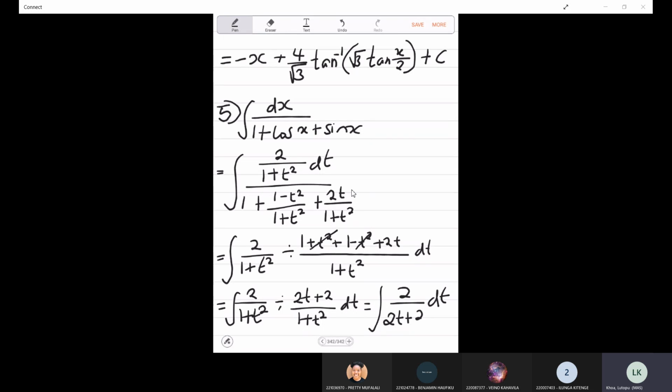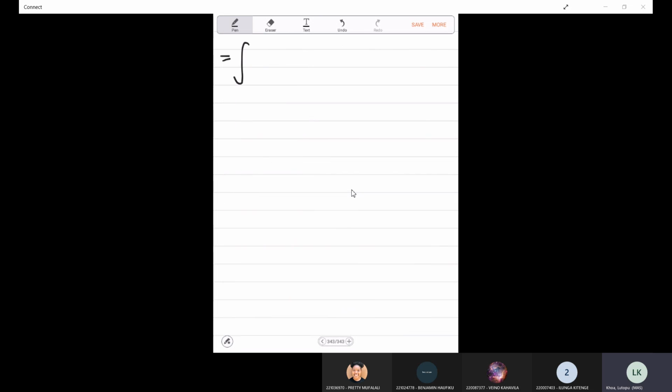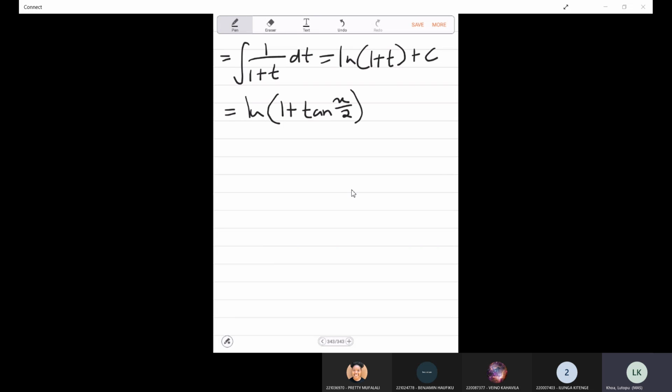And we can see again that 2 is a common factor, so we can just cancel that out. And then we are left with the integral of 1 over 1 plus t dt, which is ln of 1 plus t plus c, and then rewrite t in terms of x. So this is ln of 1 plus tan of x over 2 and our constant of integration.